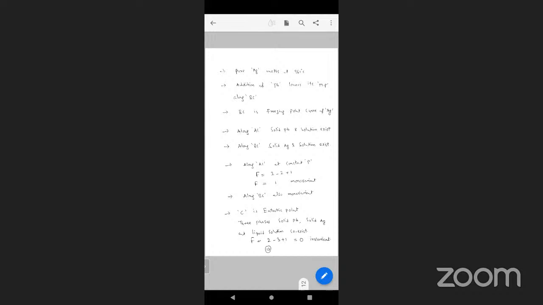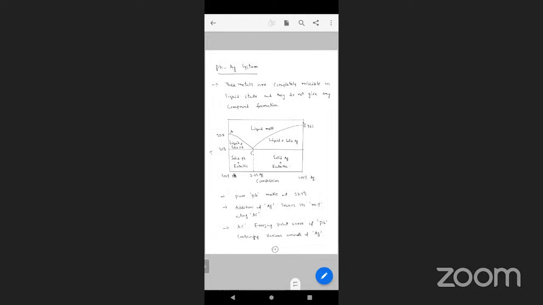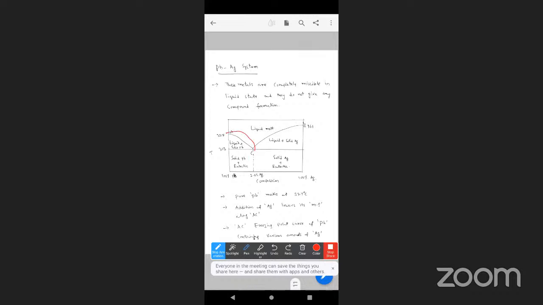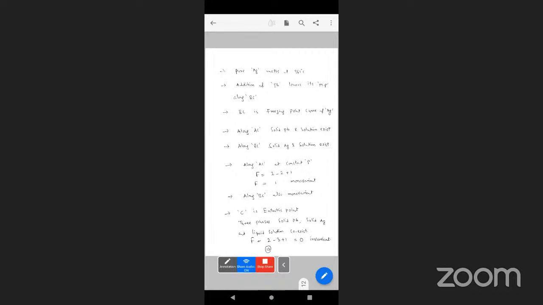And along AC, solid lead and solution exist. Along this curve, solid lead and solution exist. So which means there are two phases along curve AC.